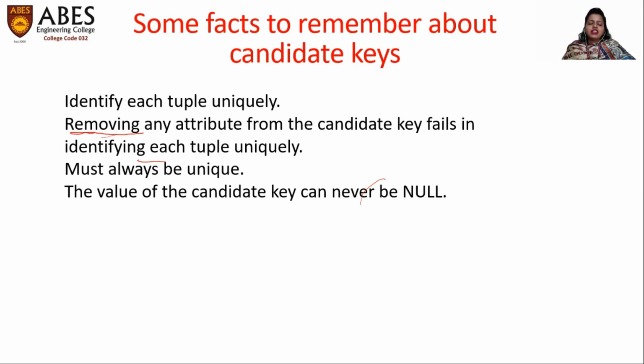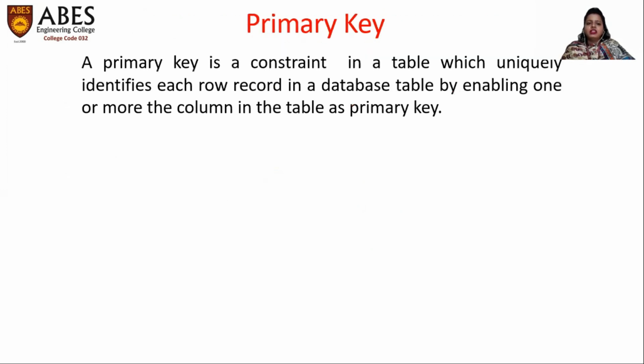Also, we have discussed that it must be unique, and it should not remove any attribute. The value of a candidate key can never be null. Again, very important. Because we all know that a primary key cannot be null, since it is used to identify records in the table. Similarly, a candidate key can never be null.